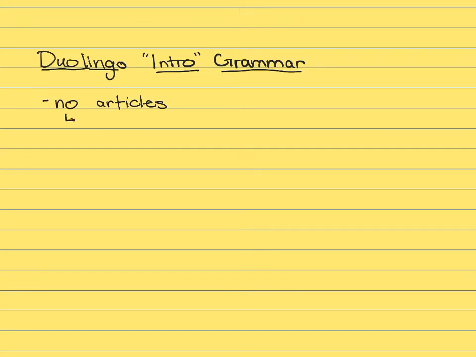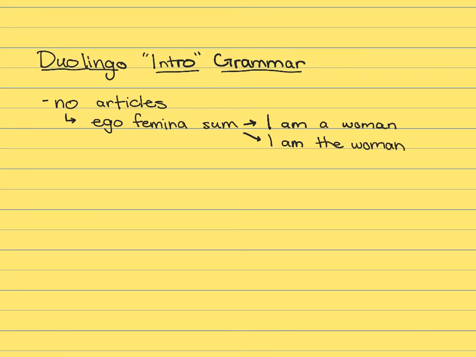And so, ego femina sum can mean either I am a woman or I am the woman. It's up to us to decide when we're translating if it should be a or the in front of a noun or if there should be an article at all.